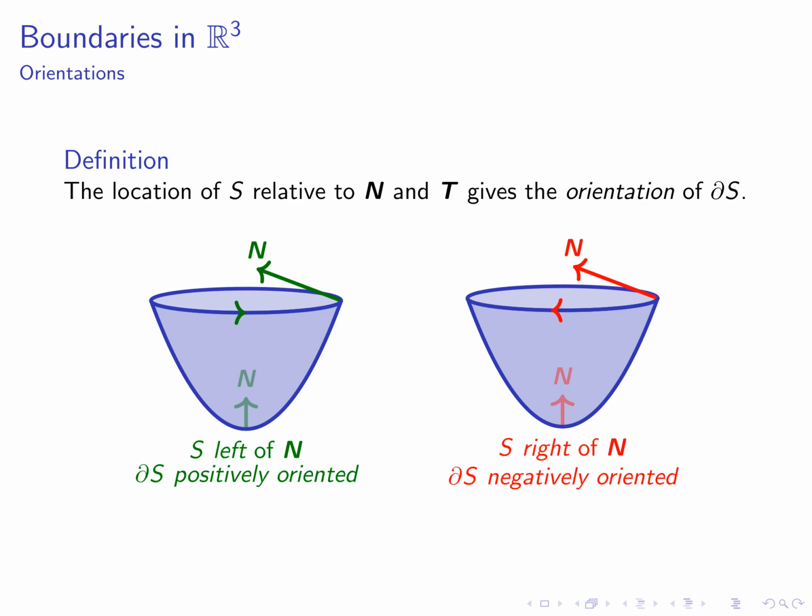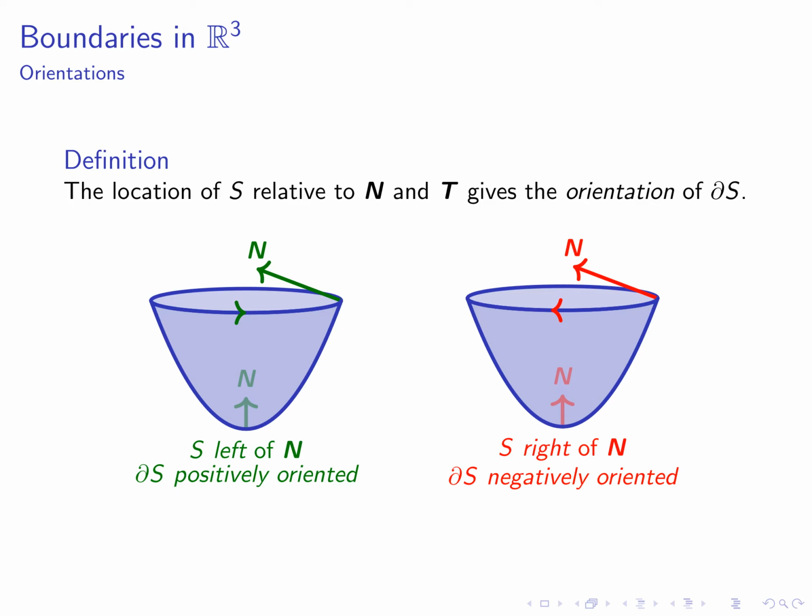Now, remember when studying Green's theorem, once we developed the notion of the boundary of a 2-dimensional domain, we then stated what it meant for that boundary to have positive or negative orientation. And the situation was determined by the domain's location relative to the unit tangent vector of a parameterization of the boundary.